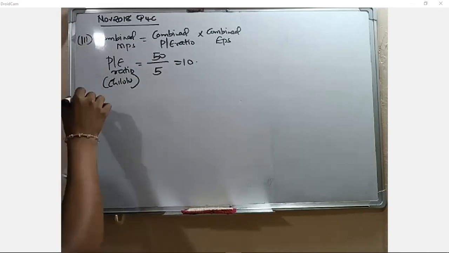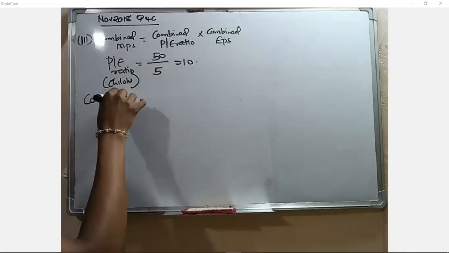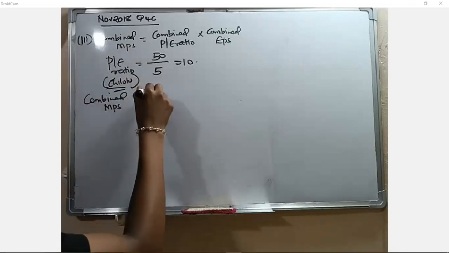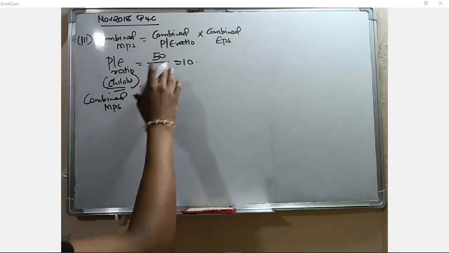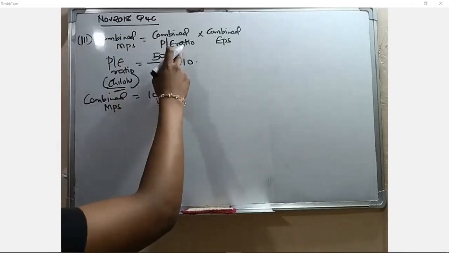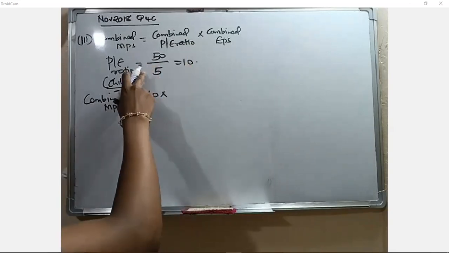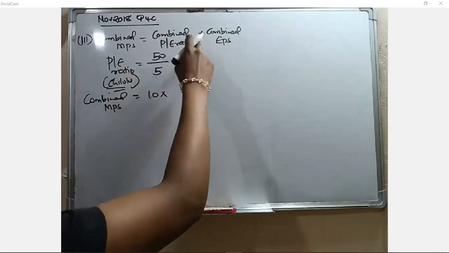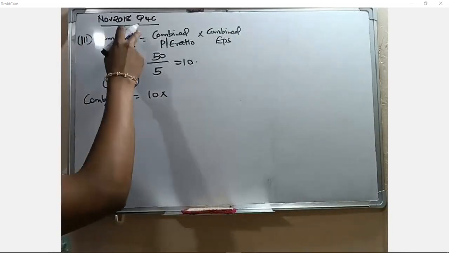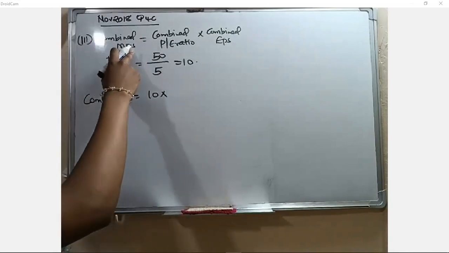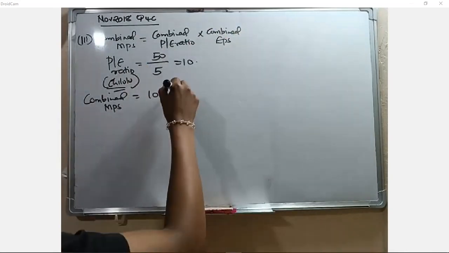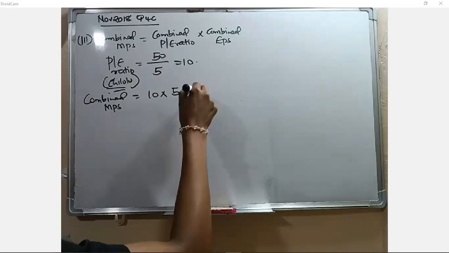So when you are looking for the combined market price per share, you just take the PE ratio of the predator, which is 10, and multiply by the combined EPS of 5.53.